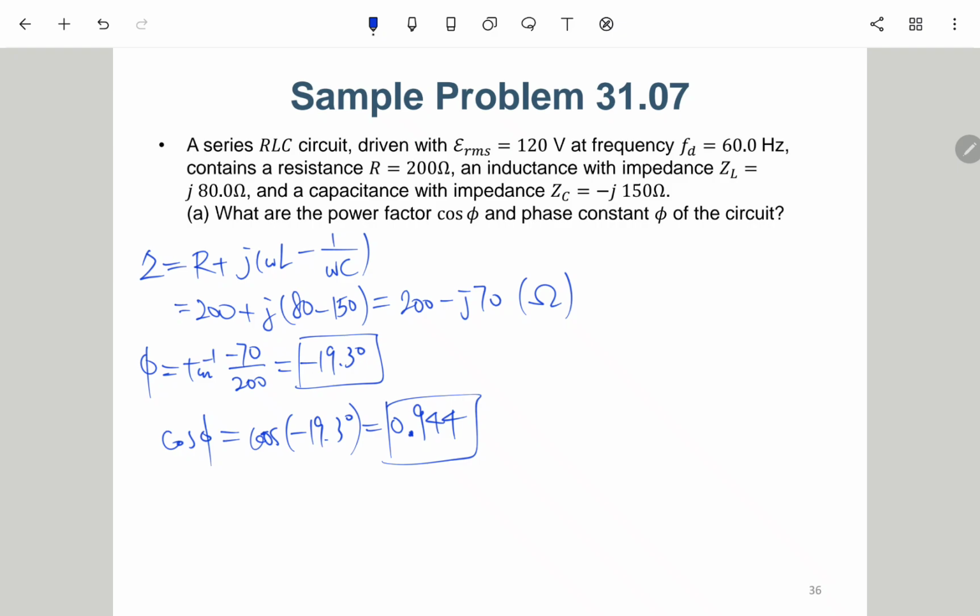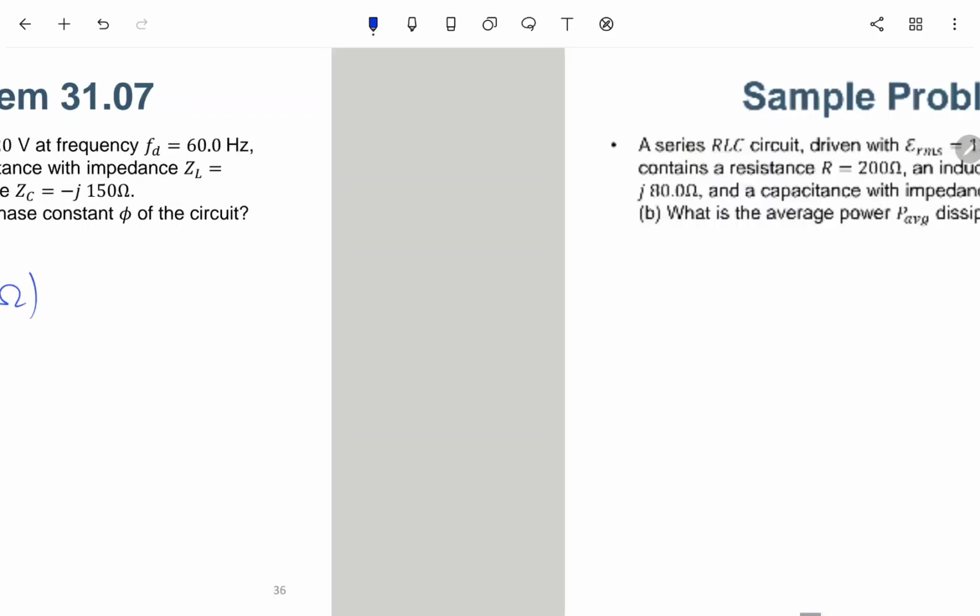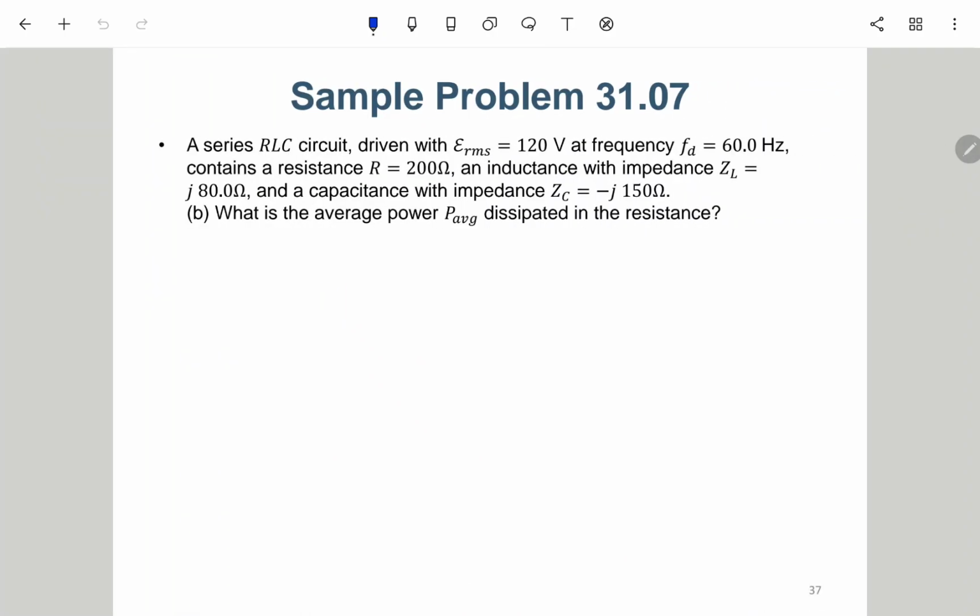Okay, so this is for question A, and then question B asks what is the average power P average dissipated in the resistance? So P average is E RMS squared over Z times cosine of phi.